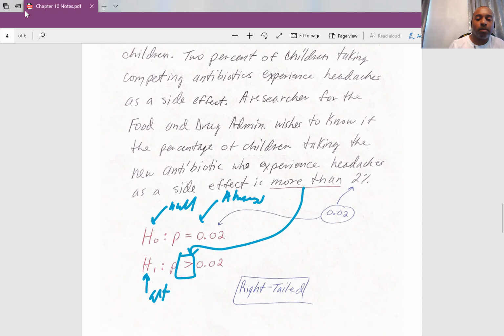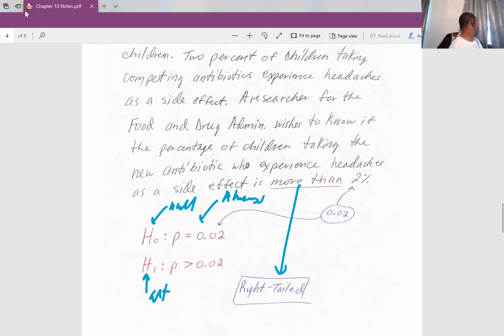All right. Questions on what we did as far as setting it up? Because it says more than, that means it's right tail. All right. Any problems with that setup?